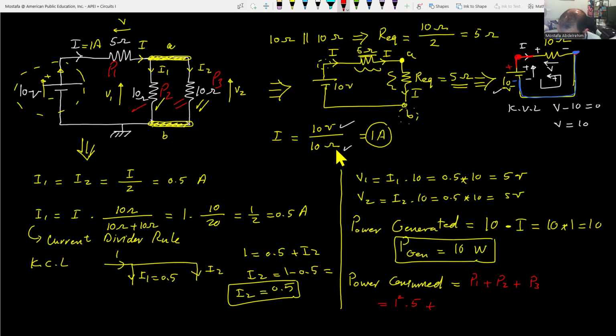So this is half square multiplied by the resistance 10, so that's equal to 5, plus this, half square is a quarter. A quarter of 10 is basically 2.5. So 2.5. So that's equal to 10 watts. And look, guys, 10 watts.